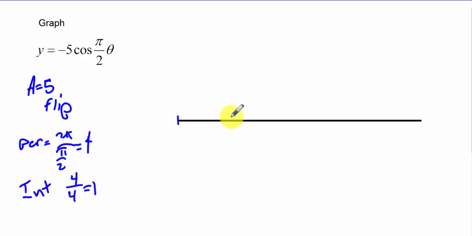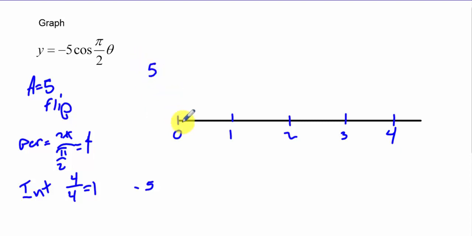So I'll do my intervals first. 0, 1, 2, 3, 4. I will change my values from 1 to 5 and negative 5.